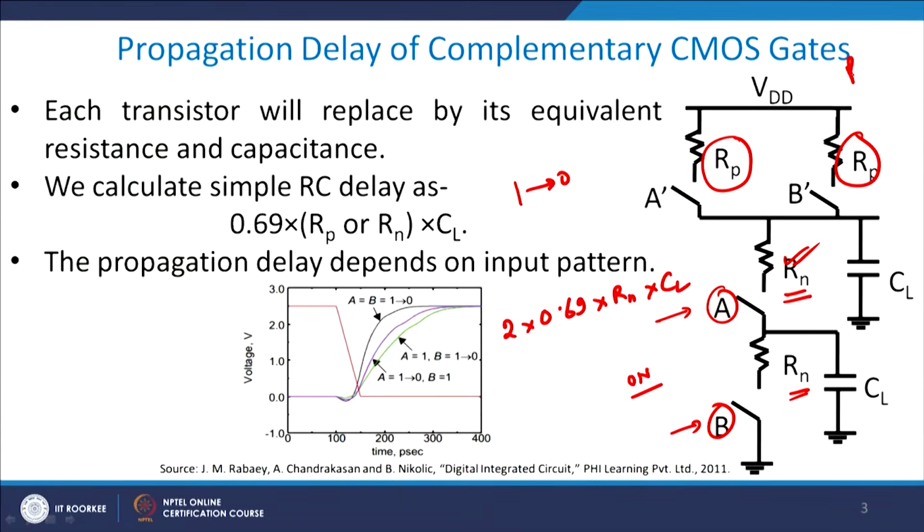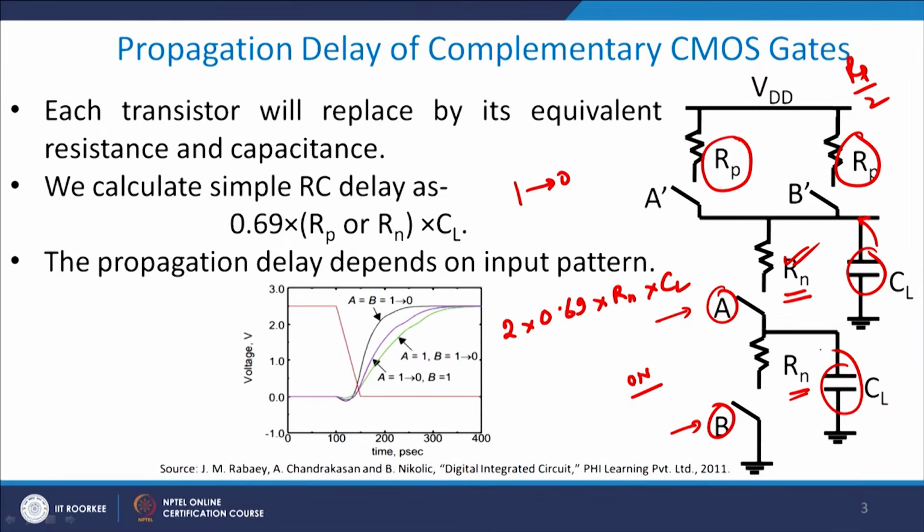So, you get something like this as the overall capacitance value. But when you have both A and B going to 0, then as I discussed in the previous slide, Rp will be Rp by 2, because you have two resistances in parallel. This CL is basically the load capacitance at the output node, and this CL is the intermediate capacitance.